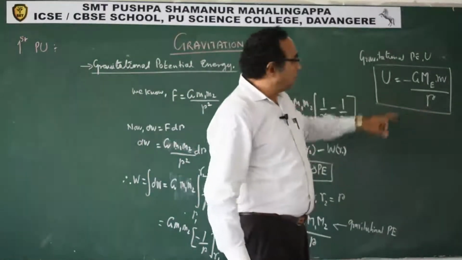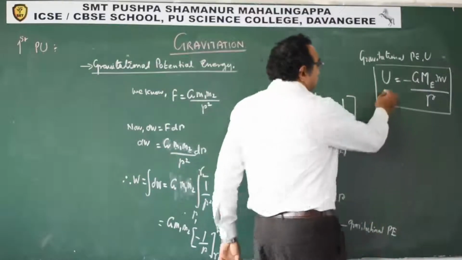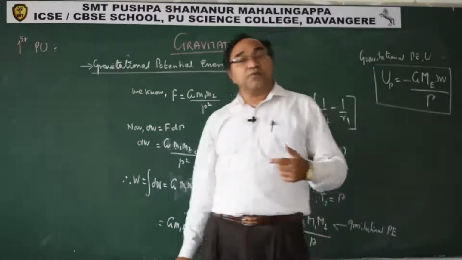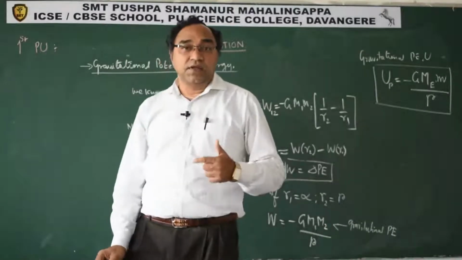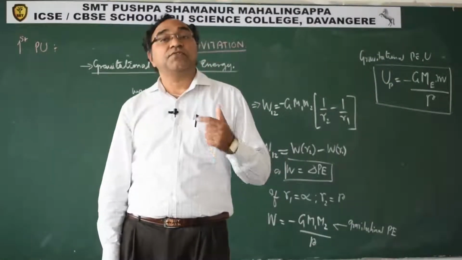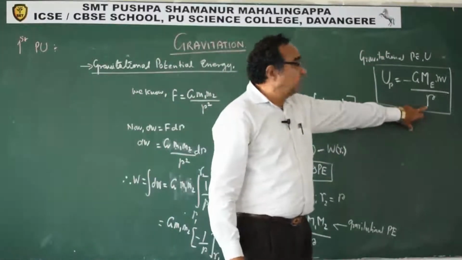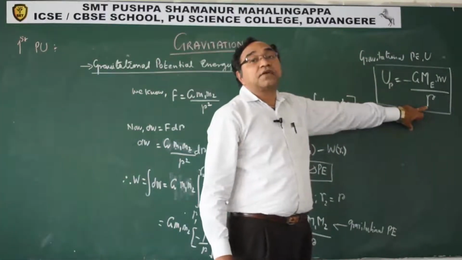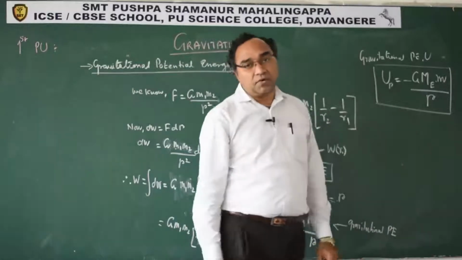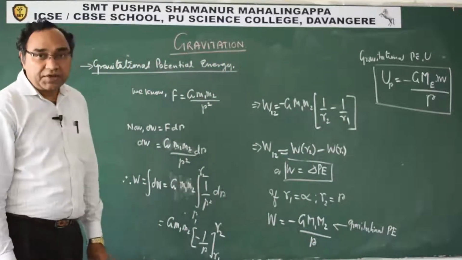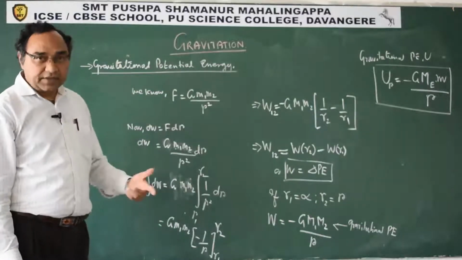Suppose that it is at a position where altitude is h, then I will write here r plus h. That is how to find the gravitational potential energy.